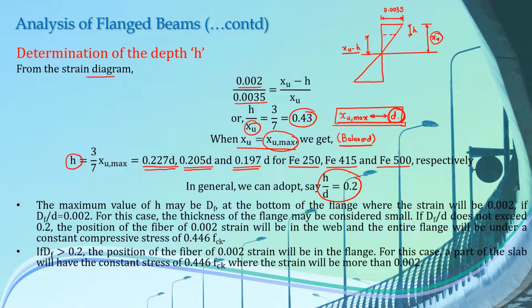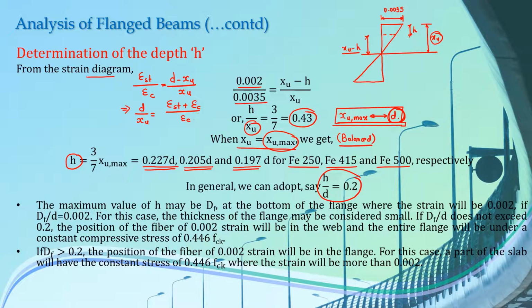You may also derive this relation from the values of strengths of concrete and steel. You can use this relation also, epsilon st over epsilon c equals (D minus xu) over xu. This will give you the relation of D by xu as (epsilon st plus epsilon c) over epsilon c.